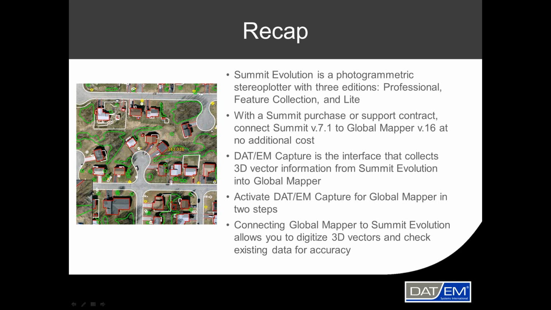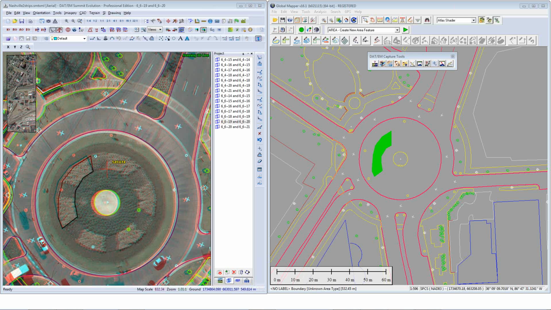And then once you have the Global Mapper extension for Summit Evolution, you can look at 3D vectors, whether they appear to be on the ground or not in your 3D imagery. So that's all I have for the PowerPoint part of that. And if anybody has any more questions about how these two work together, I'd be happy to take more questions.